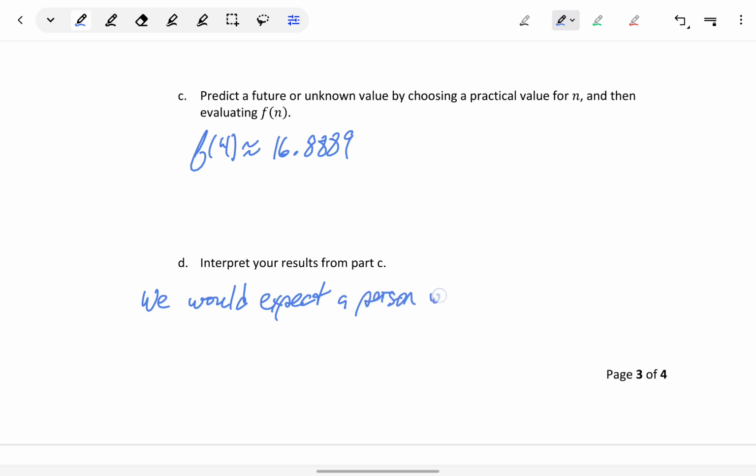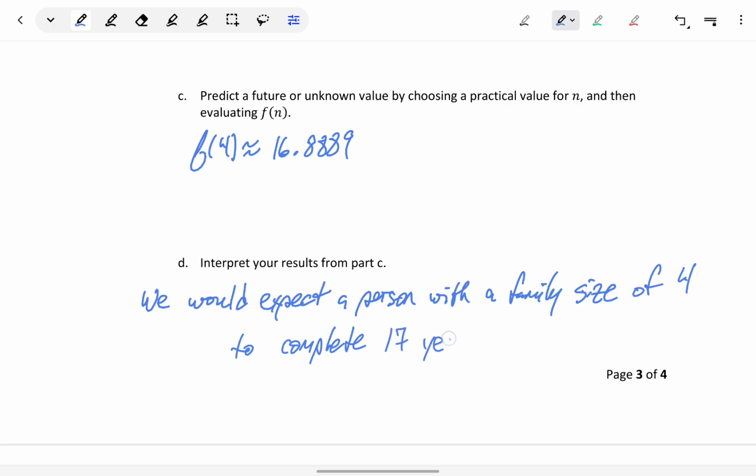And to interpret that, we would say that we would expect a person with a family size of 4 to complete 17 years of education.